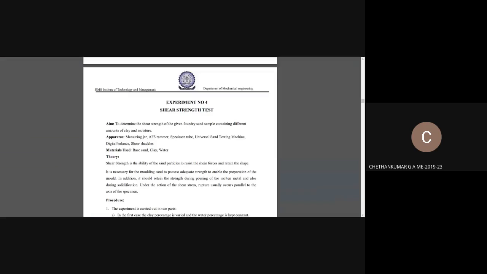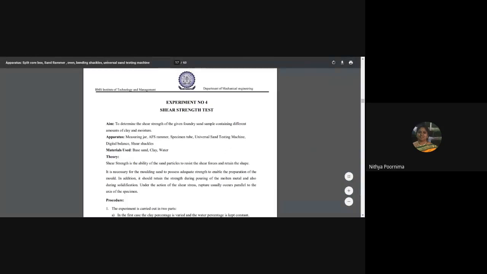Okay. So today we will see the experiment to conduct the shear test. In the shear strength test, our aim is to determine the shear strength of the foundry sand sample containing different amounts of sand, clay, and moisture.